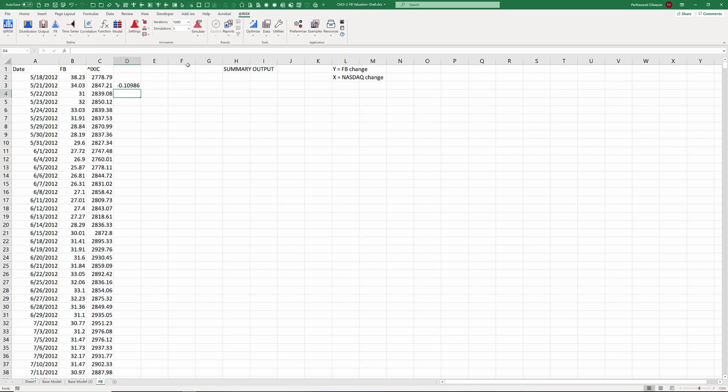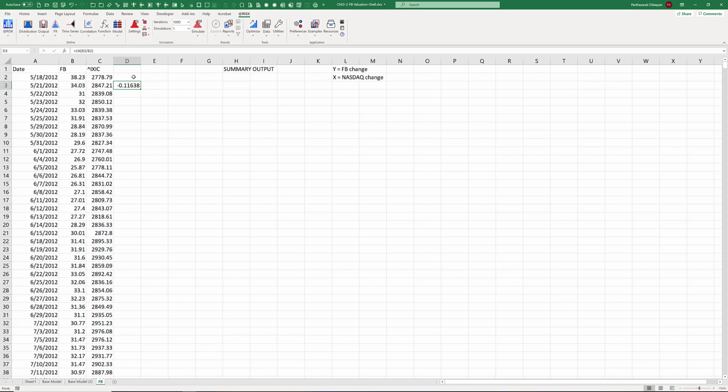But a more common way of doing this is to find the natural logarithm of B3 divided by B2, and this gives us what is called log return or continuous compounding. Instead of daily compounding, it gives continuous compounding. So this is what people normally use.